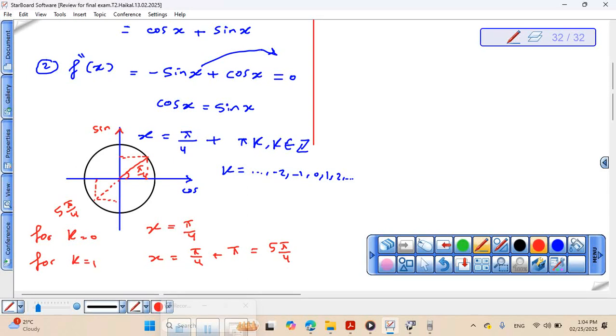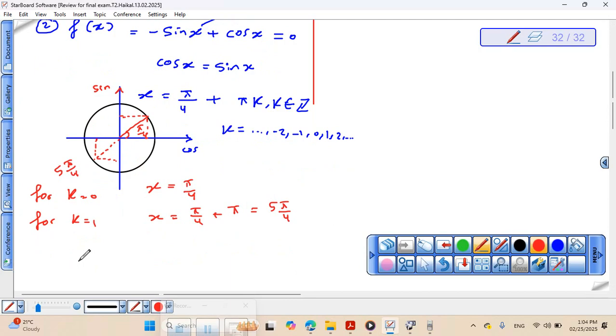For k equals 2, pi over 4 plus 2 pi gives 9 pi over 4, which does not belong to the interval from 0 to 2 pi. We have two inflection points, x equals pi over 4 and 5 pi over 4.